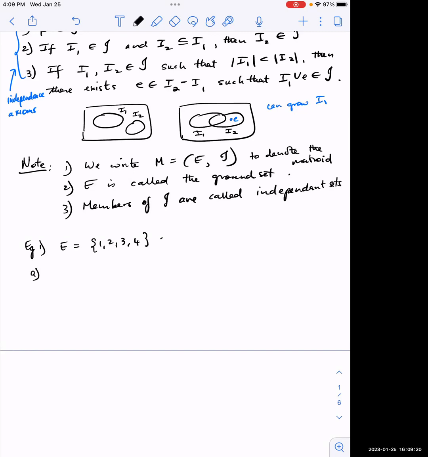And let's consider various collections of subsets I and see if they satisfy the properties. So if I is, for example, the empty set, which has to be in it, all the singletons and all the pairs. So I'm going to list all the pairs.